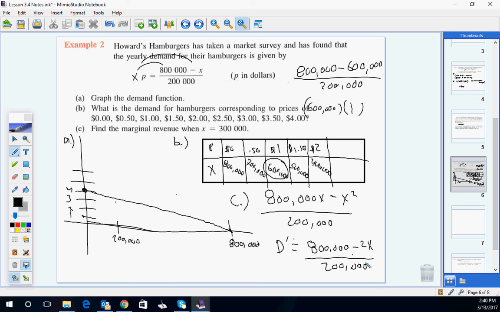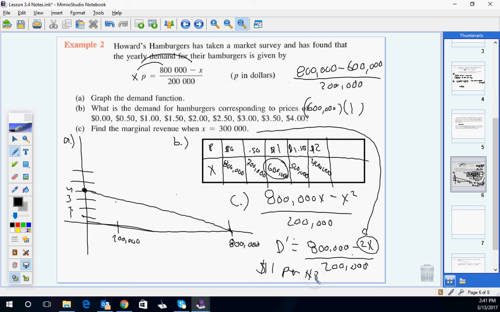So that means $1 per hamburger is the rate of change at that point. So at that point, they're changing by $1 a hamburger. All I have to do is plug the 300,000 in right here, and it'll give you $1 per hamburger.